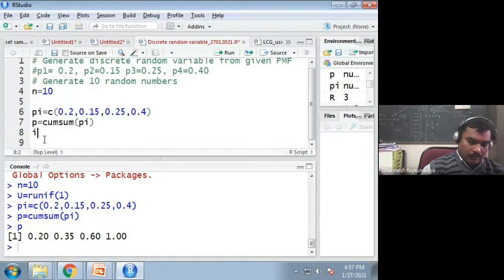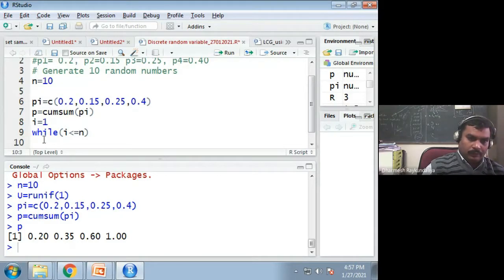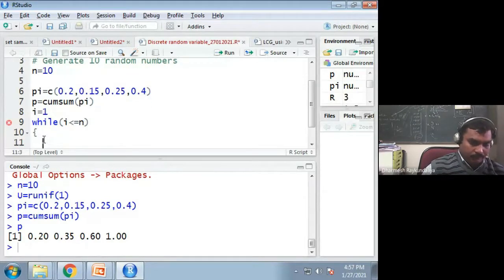Initially I say i equal to 0, while i less than or equal to n, here it is i equal to 1. Then what happens? You will generate one uniform random number, U equals runif(1).